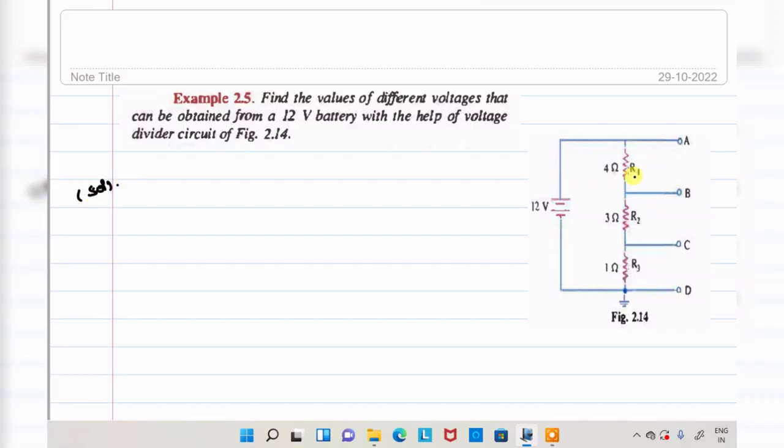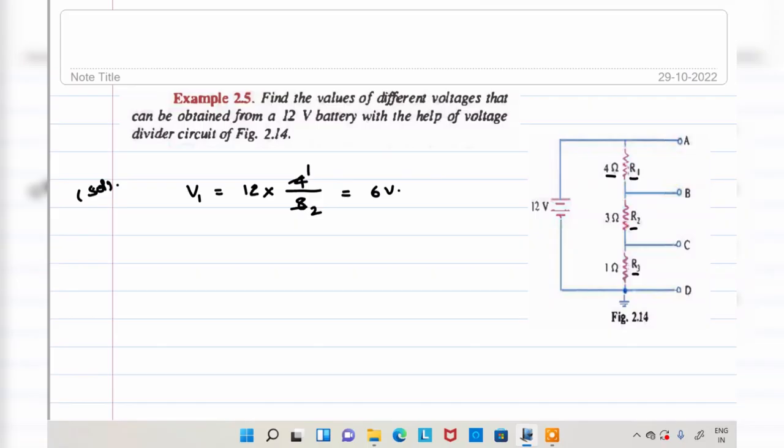First I am going to find out the voltage across each resistor. The voltage across the first resistor, V1 for example, is equal to total voltage into the 4 ohm resistance, divided by the total resistance, 8. Voltage division rule. That will be equivalent to 12 times 4 by 8, that is 6 volt.